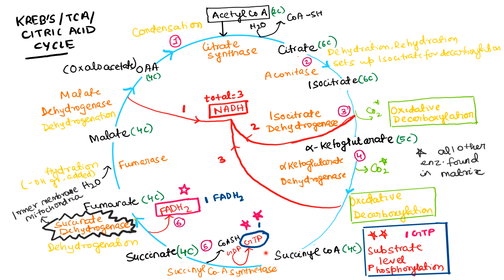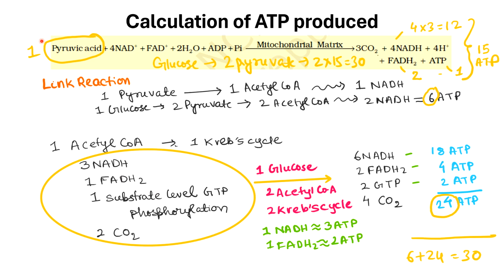So 1 GTP is produced per Krebs cycle. For glucose, we will need 2 turns of the Krebs cycle, so we will be getting 2 GTP or 2 ATP by substrate level phosphorylation. So that's all about the Krebs cycle. I hope you got clarity about it.